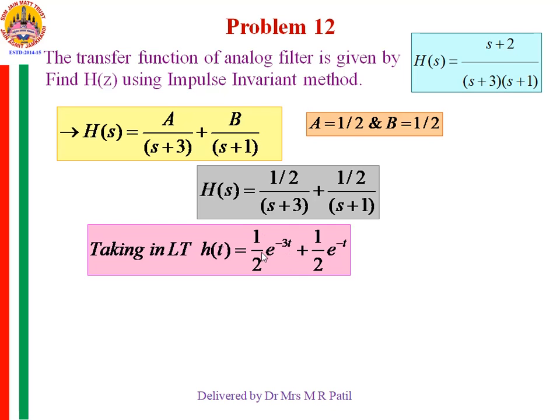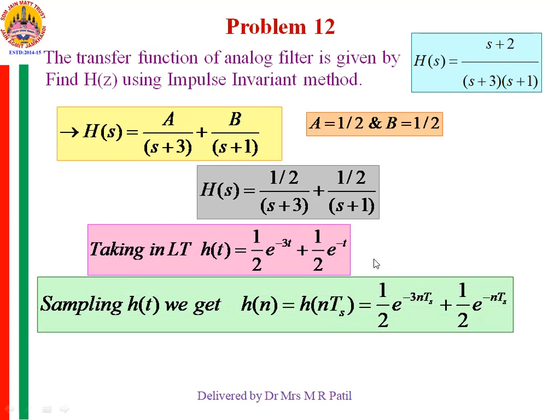So 1 by 2 is common: h of t is 1 by 2 times (e raised to minus 3t plus e raised to minus t) into u of t. I have not written u of t here, but this is a right-handed sequence and it exists only for the right side of the time domain.